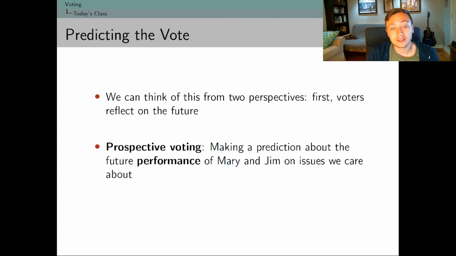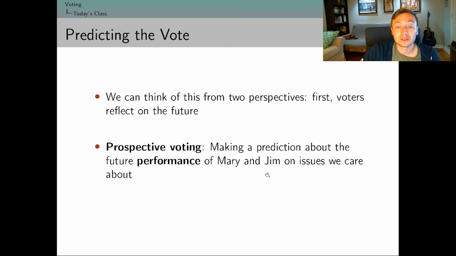The first one is that voters are engaging in what we call prospective voting, which is to say that Mary and Jim are potentially going to pursue different policies when in office. We might know something about Mary, and we might know something about Jim, and we therefore make a prediction about the future performance of the country or of our locality on the basis of Mary and Jim's perceived issue positions and usefulness in office.